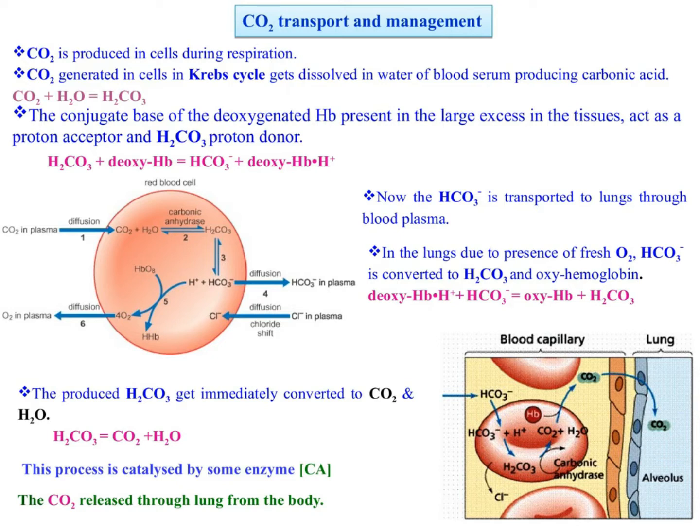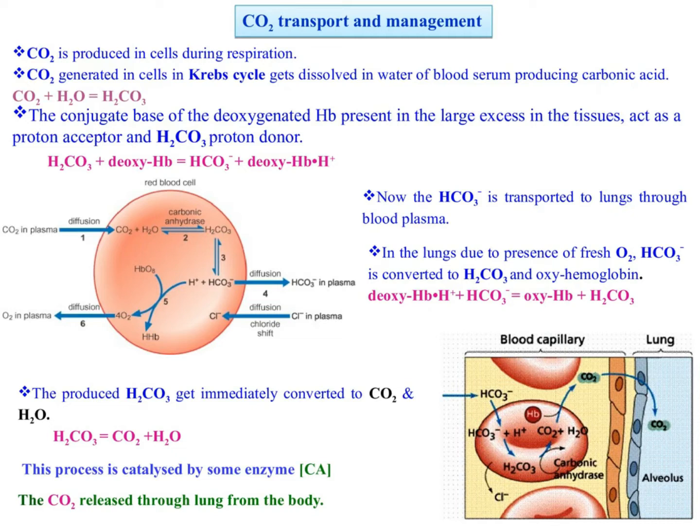That deoxyhemoglobin is a very good conjugate base to absorb the proton from carbonic acid, and a bicarbonate deoxyhemoglobin salt, or conjugate acid-base pair, is formed inside the cell or blood plasma.